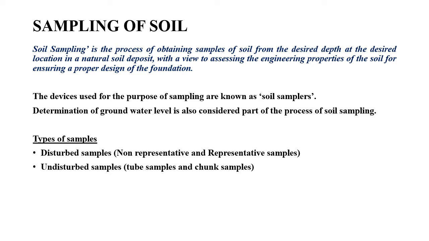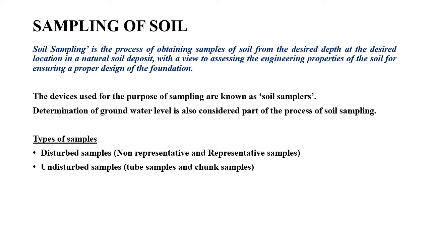It could have been mixed up with the soil from other strata as well. Sometimes the mineral constituents of both the soil strata as well as the rock strata could have got mixed up due to some processes, and when the mineral constituents of the soil sample collected do not really represent the true mineral constituents of that stratum, then those samples are called non-representative soil samples.